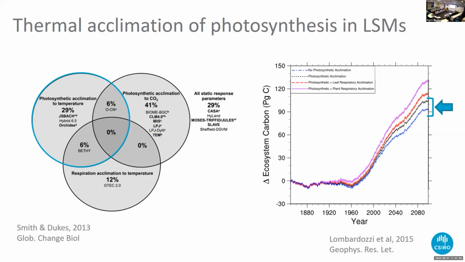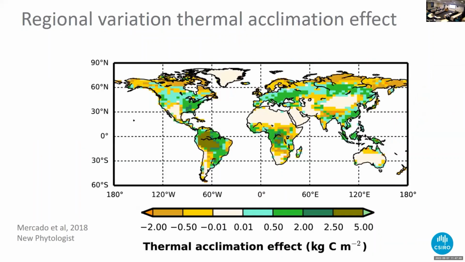But there's really not very much that's been done at ecosystem scale in relation to thermal acclimation, and nothing in Australia. And so what we did was we implemented thermal acclimation in CABLE-POP. Well, actually, Jürgen implemented thermal acclimation, and I used CABLE-POP to run some simulations.